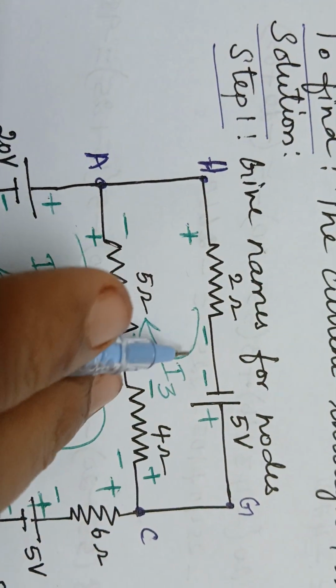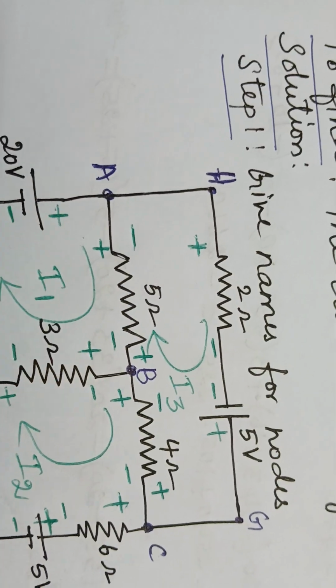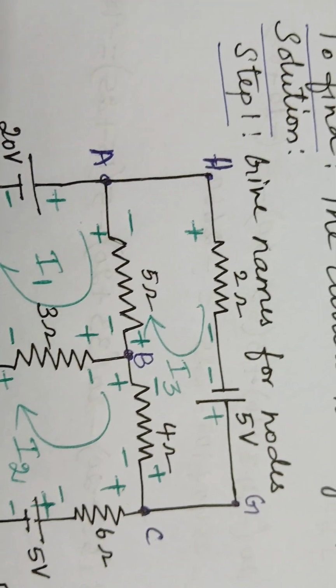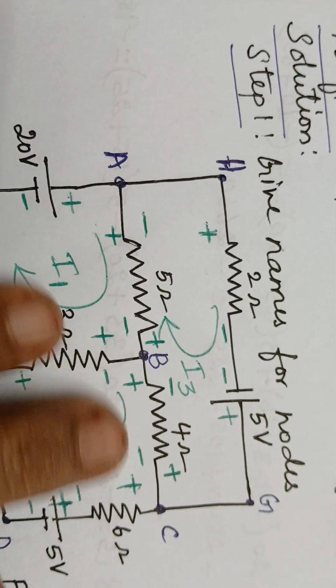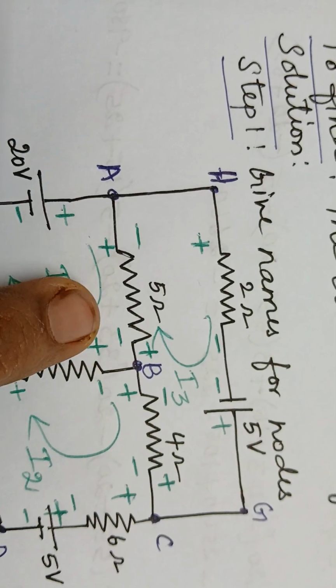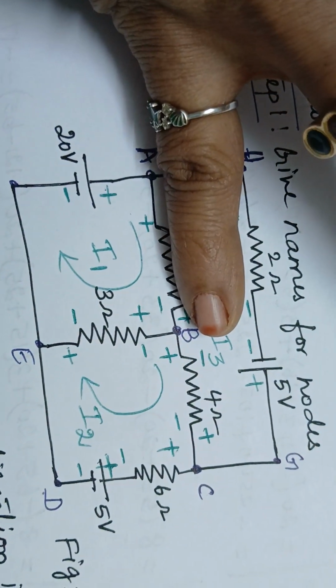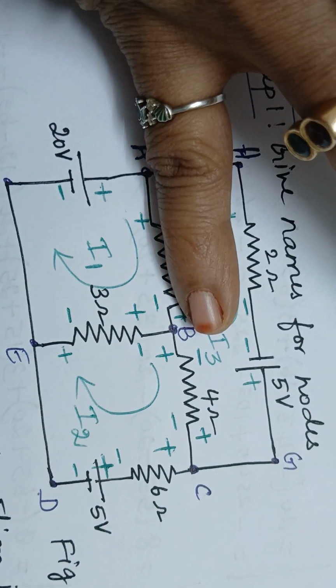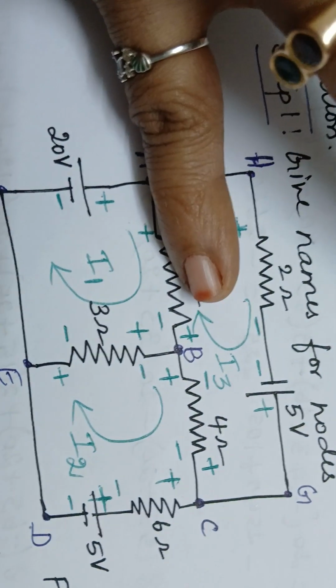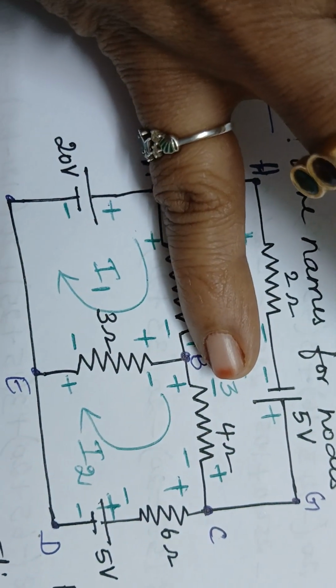Now for the I3 current, we have to consider the polarity with respect to this side, not that side. The I3 current enters clockwise, from minus to plus.